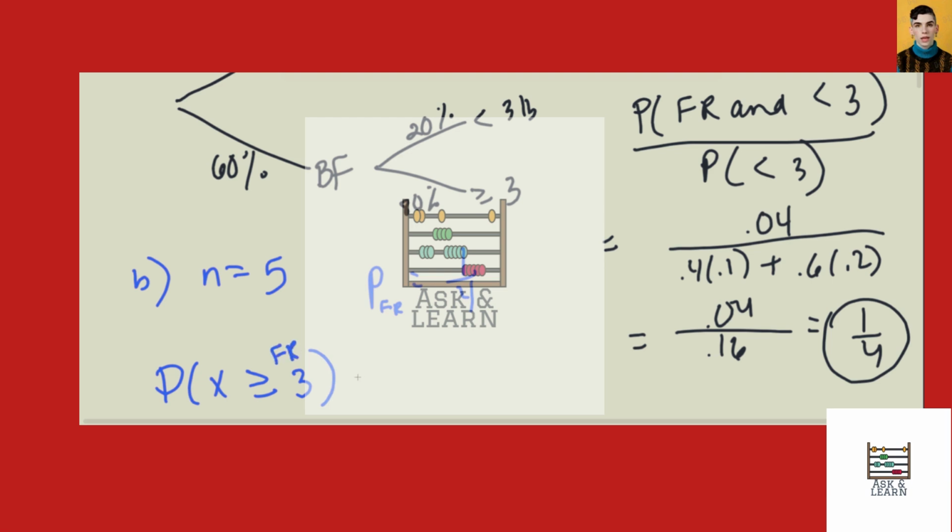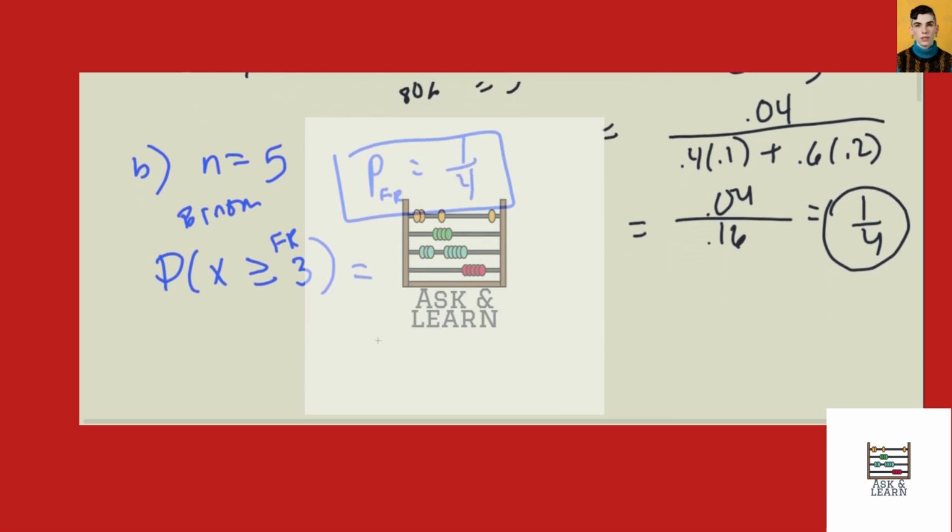And so this is a binomial setting. And we know this is the chance that they come from the free range farm, and so you have a 3/4 chance of coming from the other farm. And we would have 3, 4, and 5.